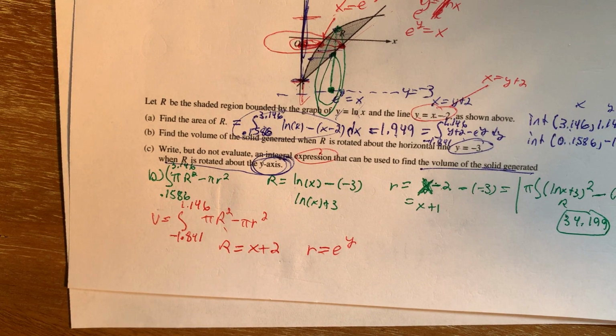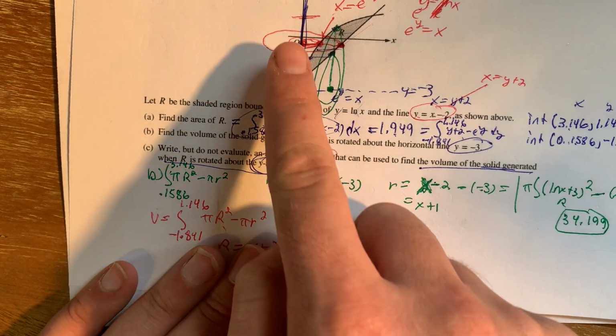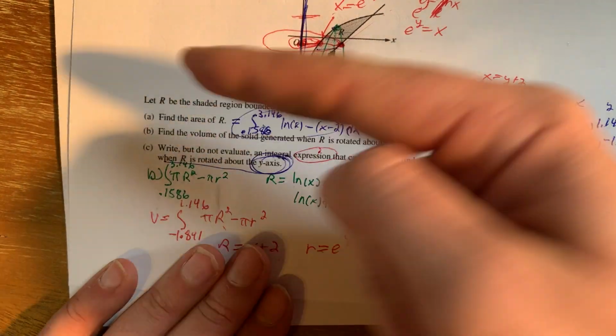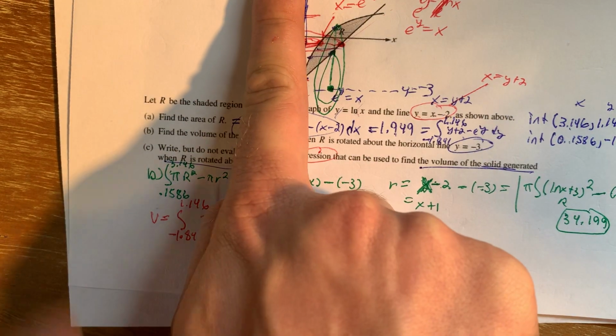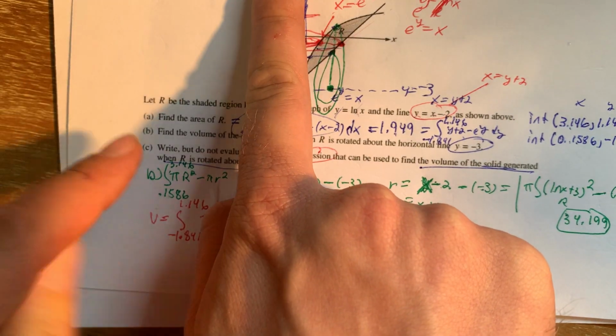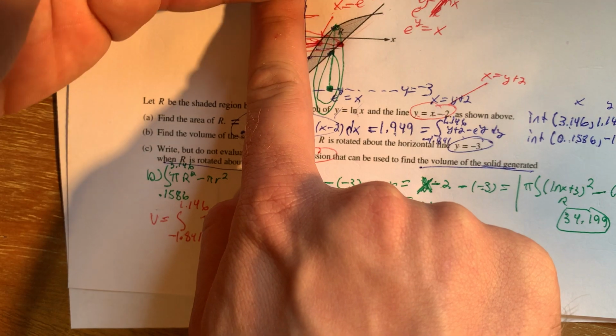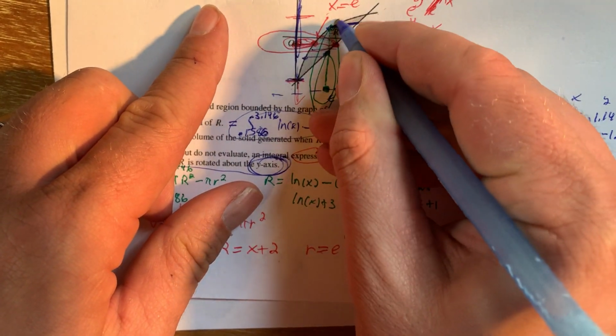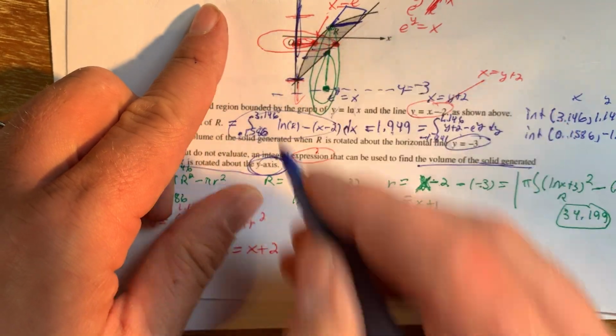So that's it, guys. Again, the big idea is that if you do a rotation around a vertical line instead of a horizontal line, it'll make circles going along the y-axis. Or if they tell you there's an area perpendicular to the y-axis.